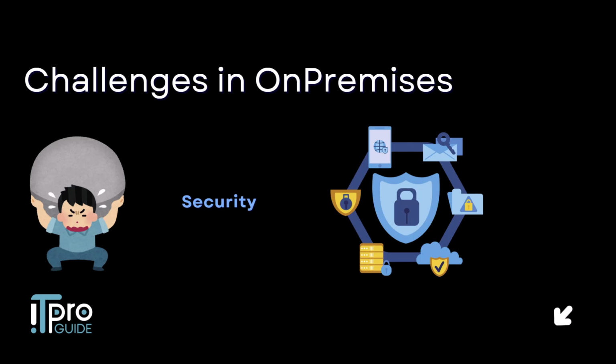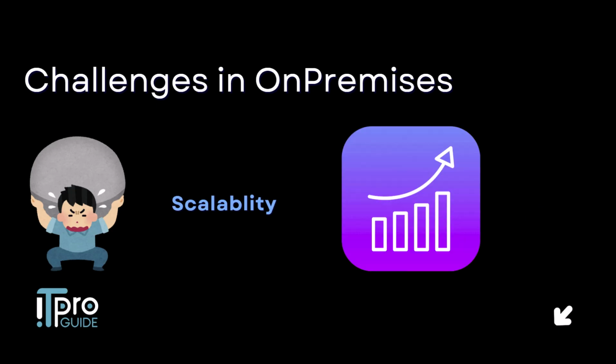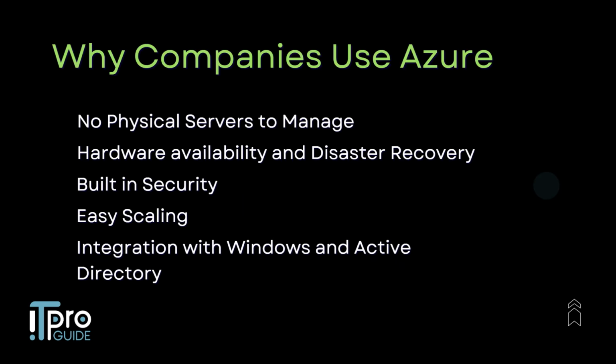Then you have to invest a lot in firewalls and antivirus software. Coming to scalability, by buying additional hardware based on projected resource utilization, you are adding more and more cost to the IT infrastructure.